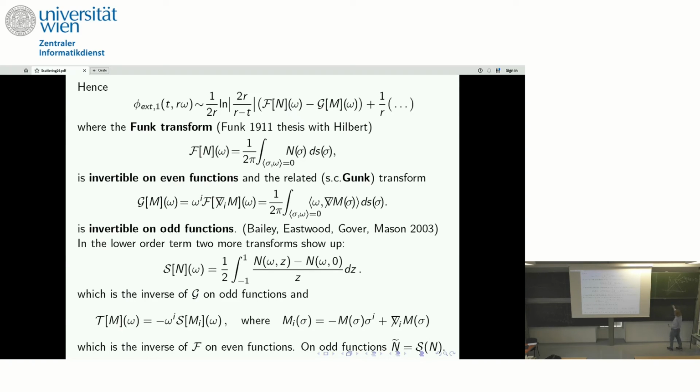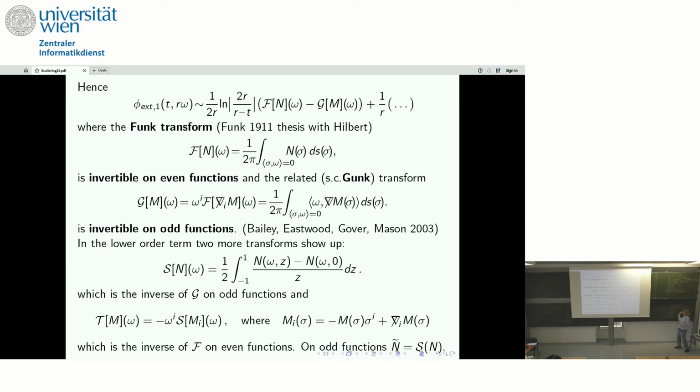If you have the sphere, take a direction, omega, and you integrate the function on the sphere over the great circle perpendicular to omega.